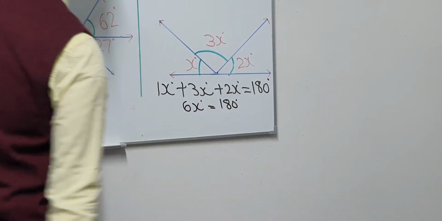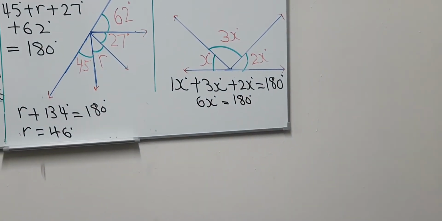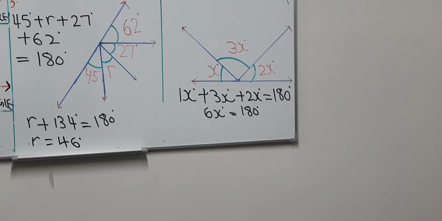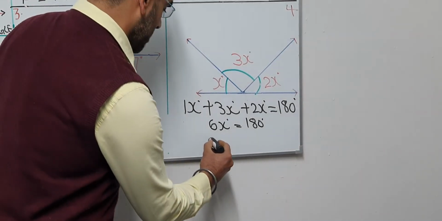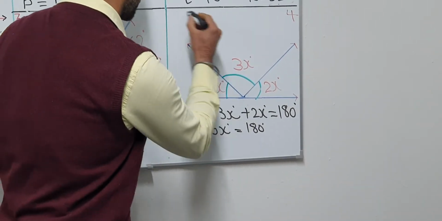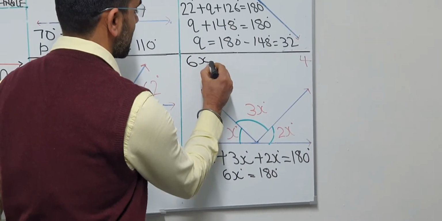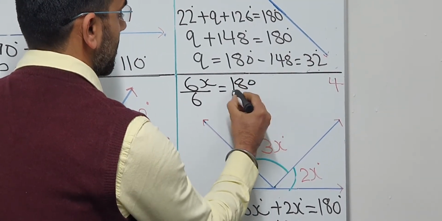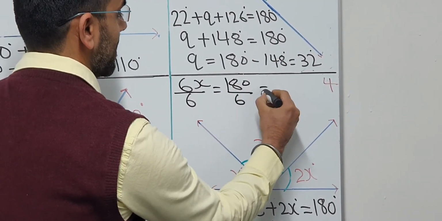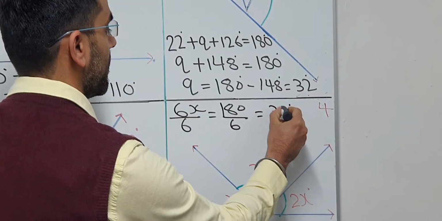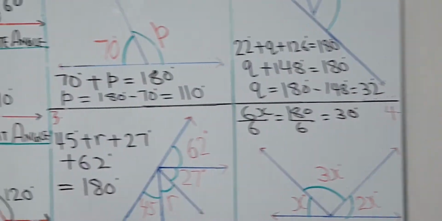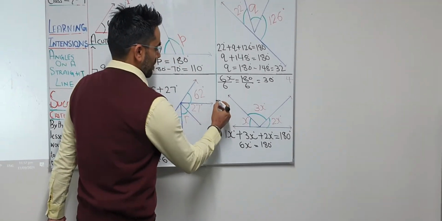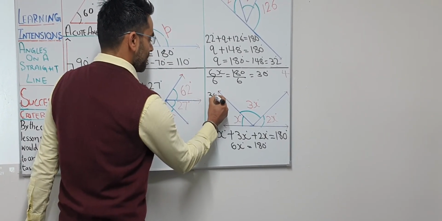Right? Again, in the linear equation, to figure out the value of x, what are we going to do? We're going to divide by 6 on both sides. Now 6x divided by 6, 180 divided by 6, that is 30 degrees, right? So my one angle is 30, right?